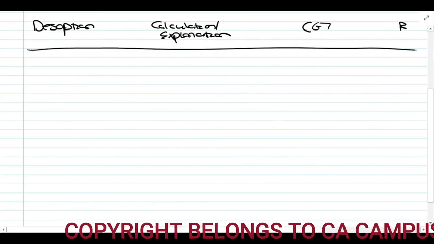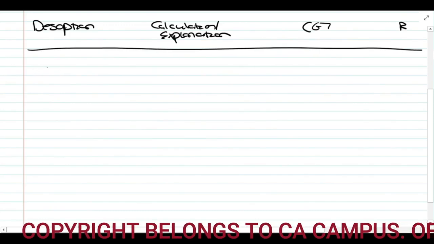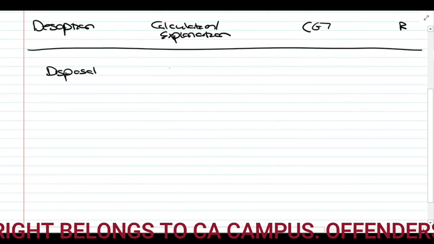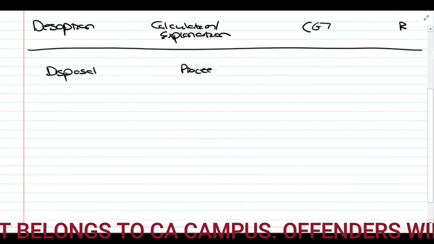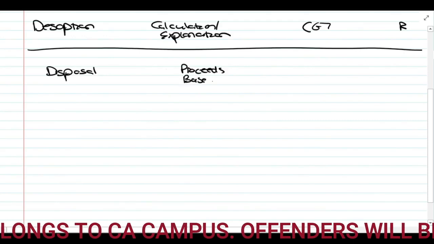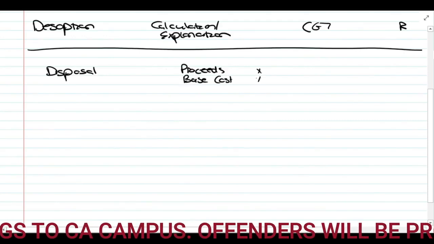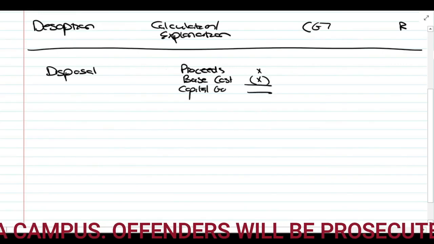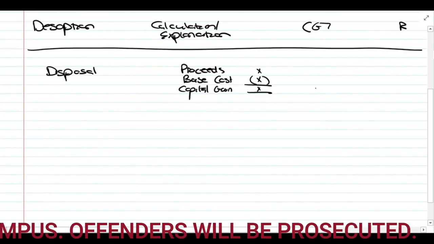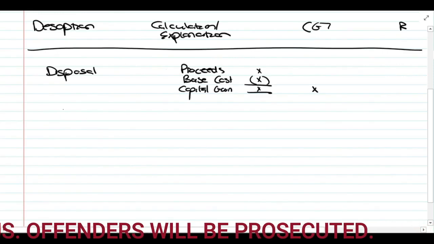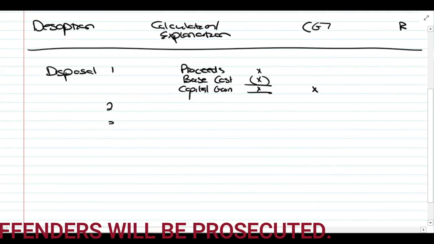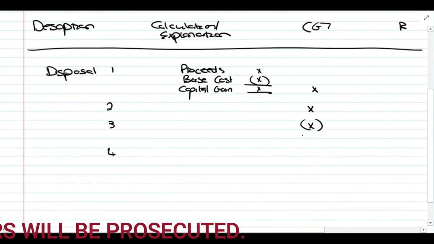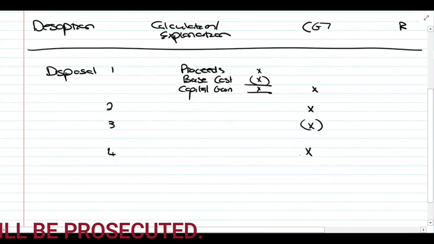Whenever there's a capital gain or disposal of an asset, we do a calculation. We say proceeds, we calculate base cost, and that calculates a capital gain. That amount goes into CGT. And we do that for disposal 1, 2, 3, 4, etc. Sometimes it's a capital gain, sometimes it's a capital loss.